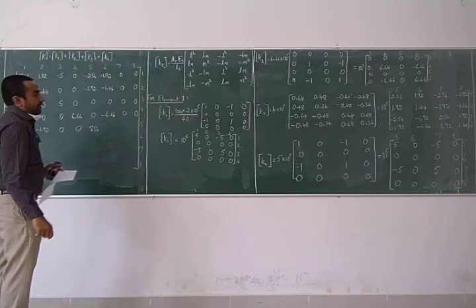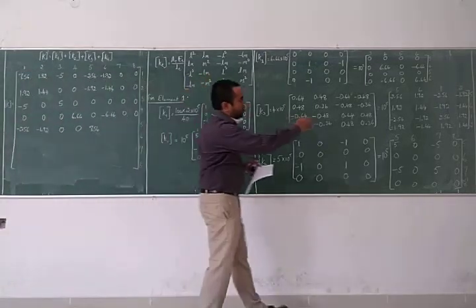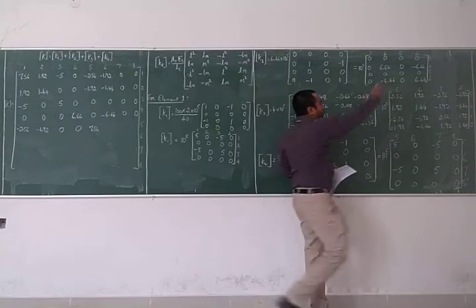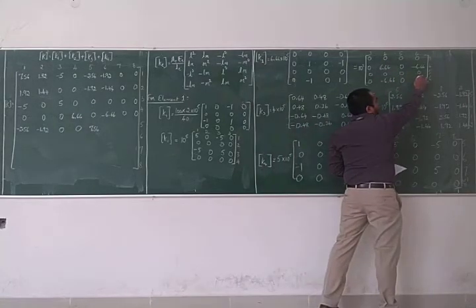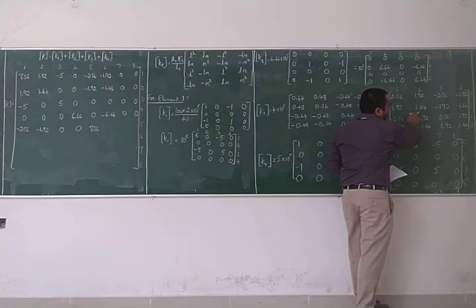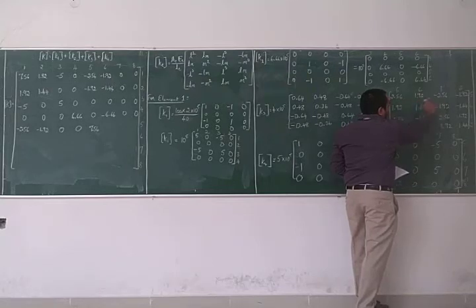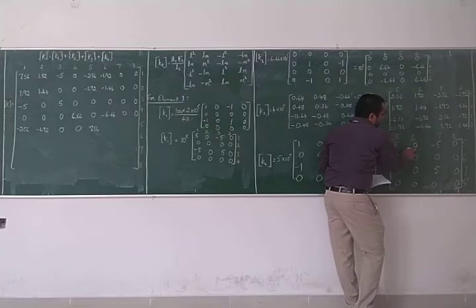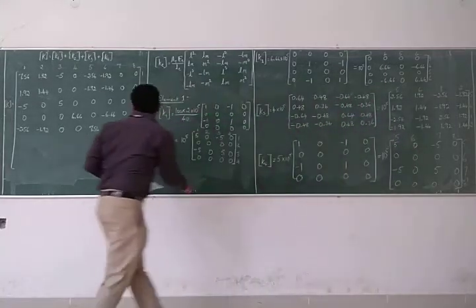Next, sixth degree of freedom column and fifth degree of freedom row is 0. Similarly, sixth degree of freedom column is 1.44 and 1.92 along the fifth degree of freedom row. So 0 plus 1.92 plus 0 is 1.92.